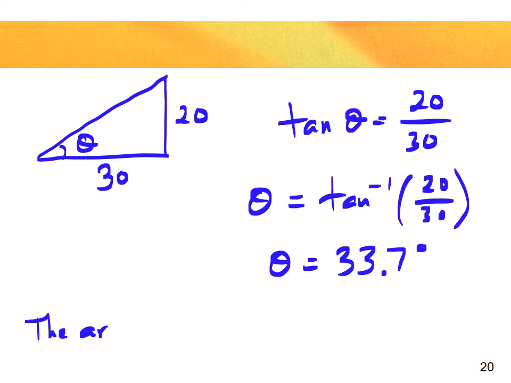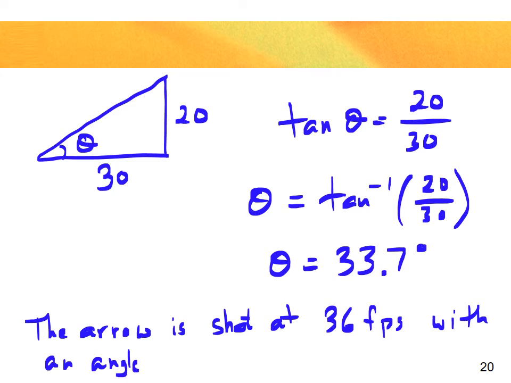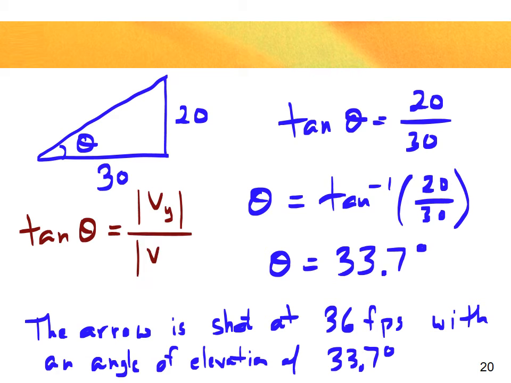So final answer here in a little sentence: Cat shot the arrow at 36 feet per second with an angle of elevation of 33.7 degrees.